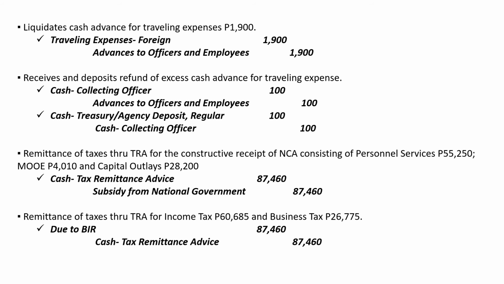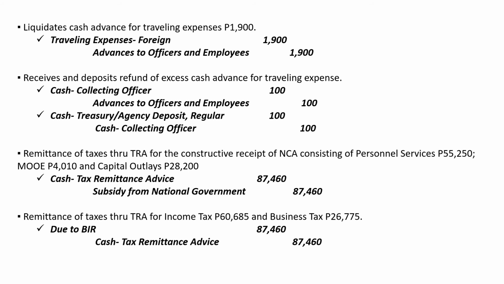But, again, without the cash being physically transferred. So, yun nga, kailangan ito, sinabi ko kanina, para ma-record ng BIR yung receipt nila of the taxes and for the BTR of the remittances of taxes. So, we debit the cash dash tax remittance advice, 87,460, and credit subsidy from national government, 87,460.